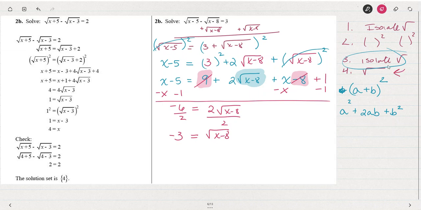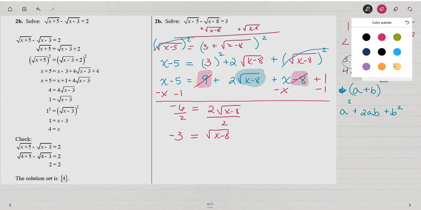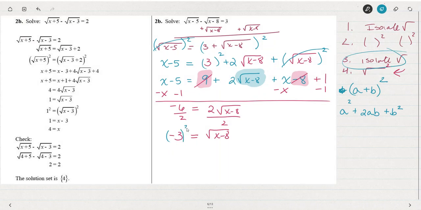Now that I've isolated, what I'm going to do is square both sides again. And you might notice a problem. I'm going to ignore the problem and come back to it, just to show you what happens. When I square both sides, I get negative 3 squared is 9.